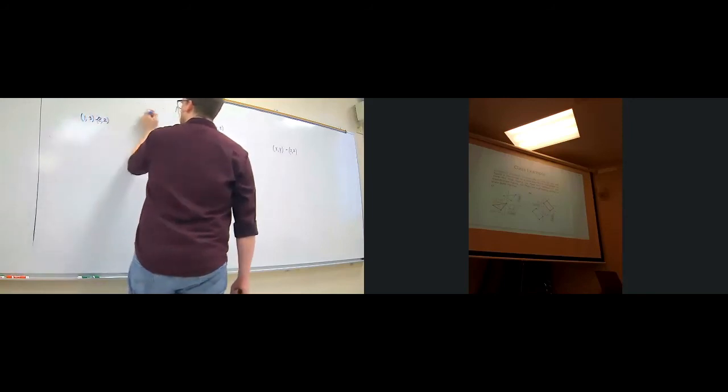So this is equal to (1, 3) minus (2, 2), which is equal to (1 minus 2, 3 minus 2), or (-1, 1).